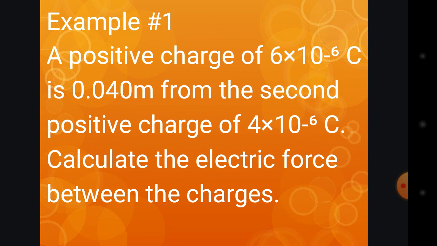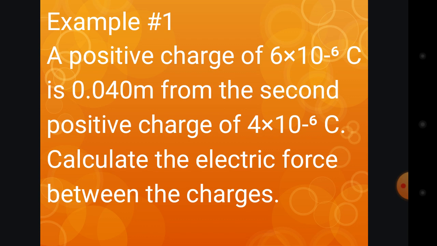So let's see an example of finding Coulomb's law. Let's see this example one. A positive charge of 6 times 10 to the power of minus 6 C, where C stands for Coulomb, is 0.40 m, and m stands for meter, which is the distance d or r, from a second positive charge of 4 times 10 to the power of minus 6 Coulomb.